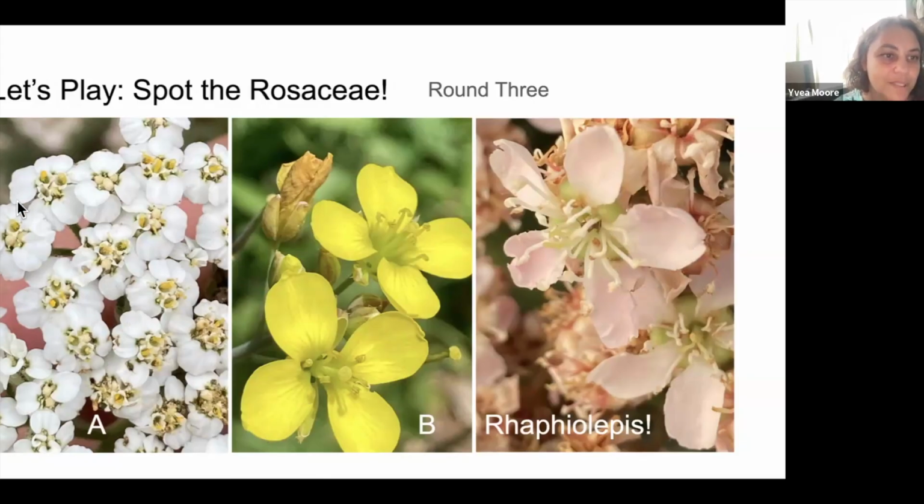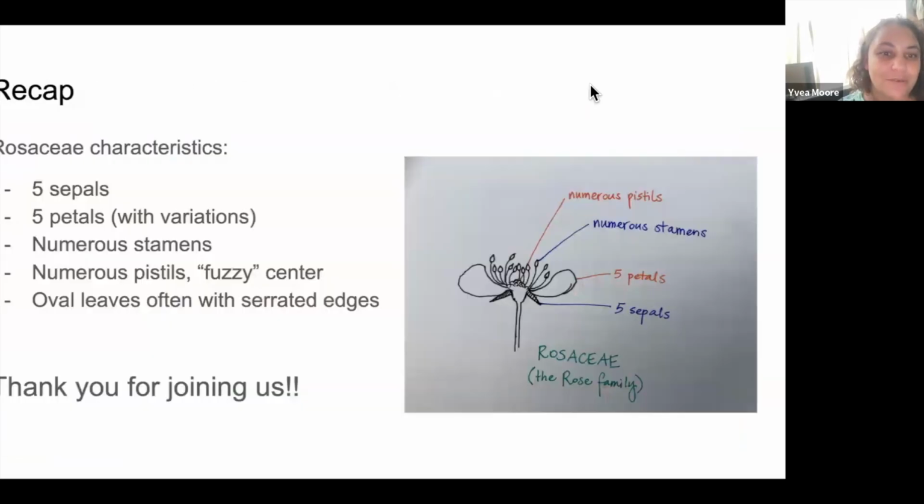But yeah, Raphiolepis. I think that this particular one is sometimes also called Indian hawthorn, but I'm not sure. I just know the name Raphiolepis. And it's a street tree here in San Francisco. Maybe some more for you guys too. So that was our round 3.